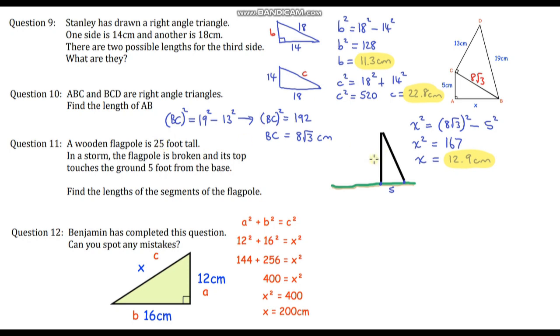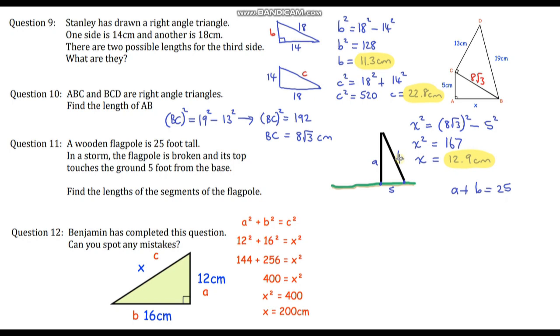So if we were to label these, let's label this one A and this one B. We know that A plus B must equal 25 feet. So let's write that down. A plus B is equal to 25. And then the other thing we can say is relating to Pythagoras' theorem. We know that A squared plus 5 squared must equal B squared.